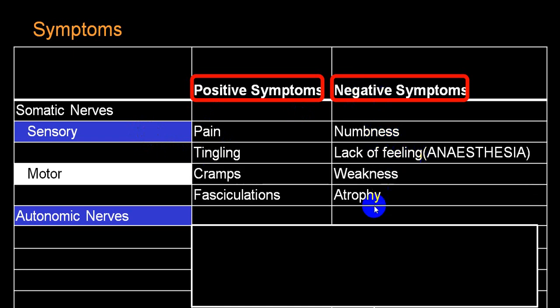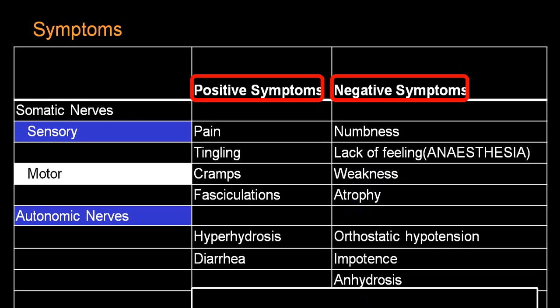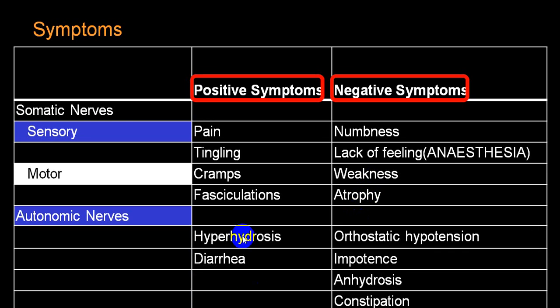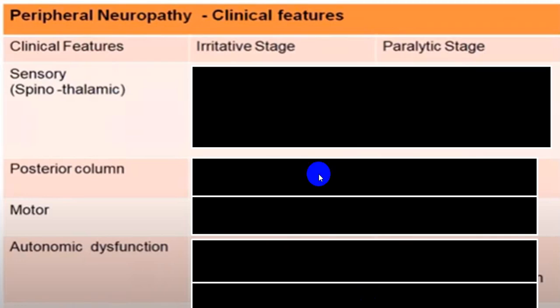In motor symptoms, fasciculation and cramps are considered positive symptoms, while weakness and atrophy are negative symptoms. And in autonomic nervous system, hyperhidrosis, diarrhea are commonly considered positive symptoms, while orthostatic hypotension, impotency, anhidrosis, constipation are considered negative symptoms.